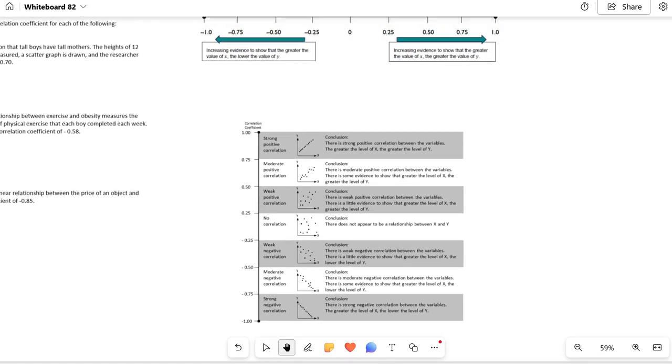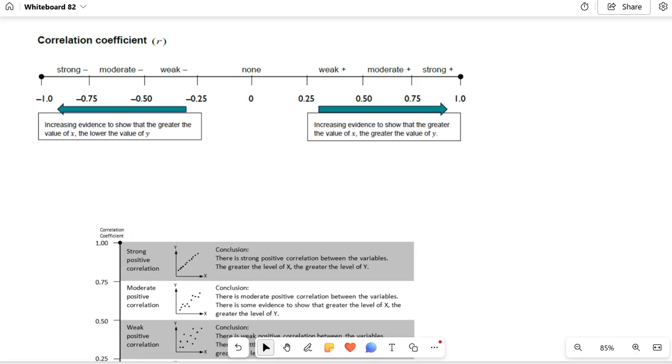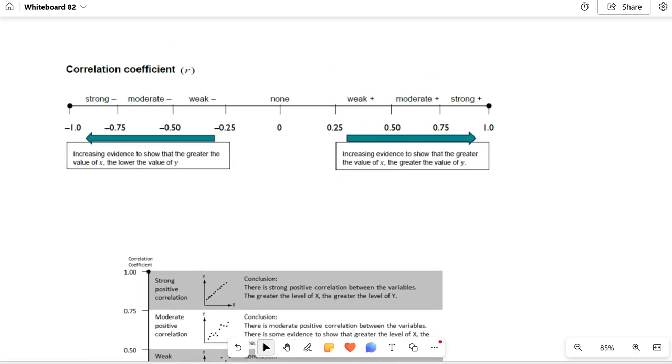The continuum goes from -1 at this end up to +1 at the other end. The correlation coefficient will not be lower than -1 or higher than +1. It's between -1 and 1.